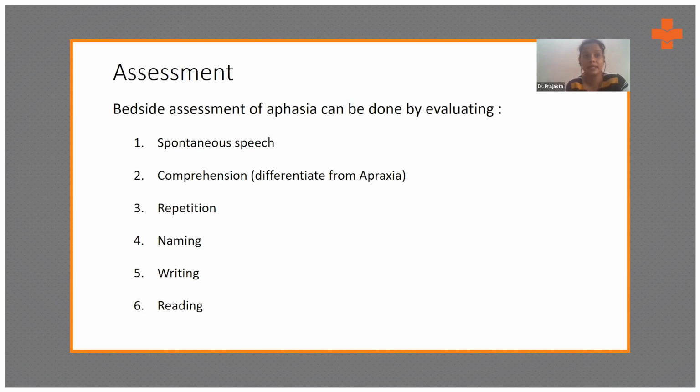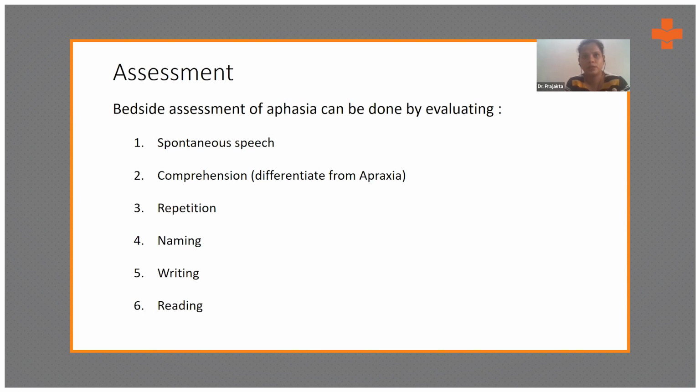At that time, you could observe the response, the time taken for response, and whether there is any hesitancy present. Other than that, in naming, you can ask the patient to make a list of words and give them a subject.